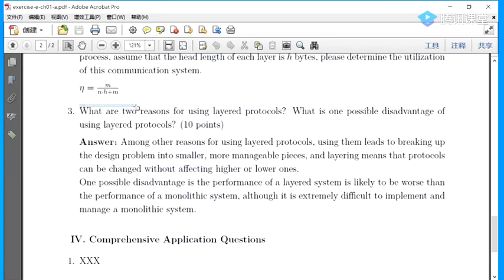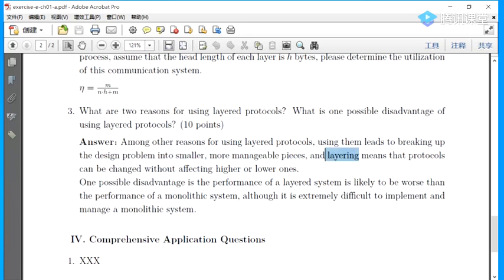What are the two reasons for using layered protocols? And what is one possible disadvantage of using layered protocols? Among the reasons, using them breaks up the design problem into smaller, more manageable pieces.